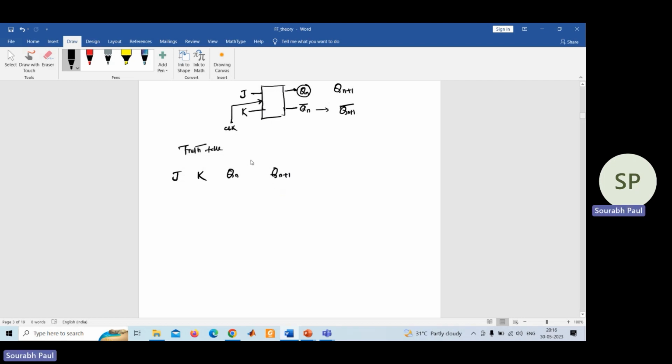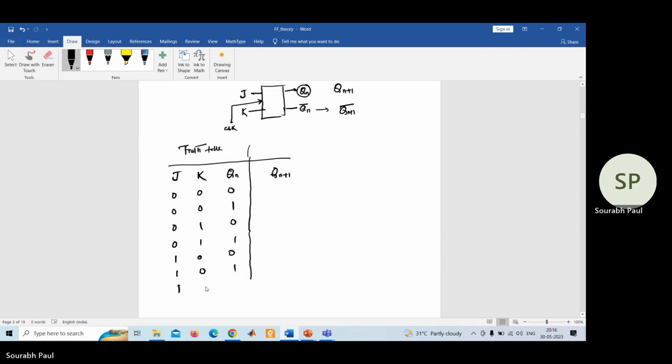Now, as we have three variables, we can make 8 combinations: 0 0 0, 0 0 1, 0 1 0, 0 1 1, 1 0 0, 1 0 1, 1 1 0, 1 1 1.